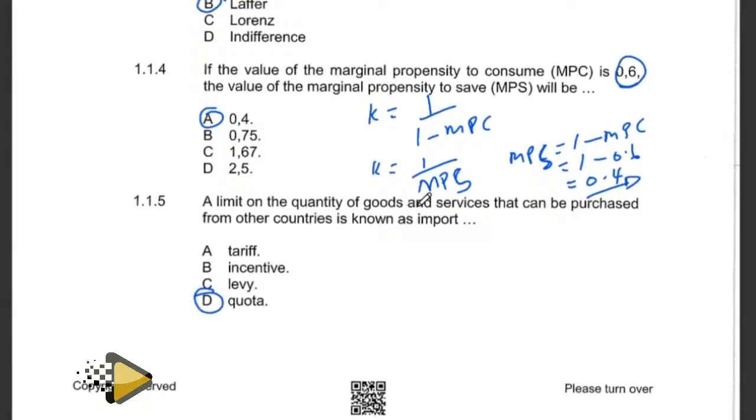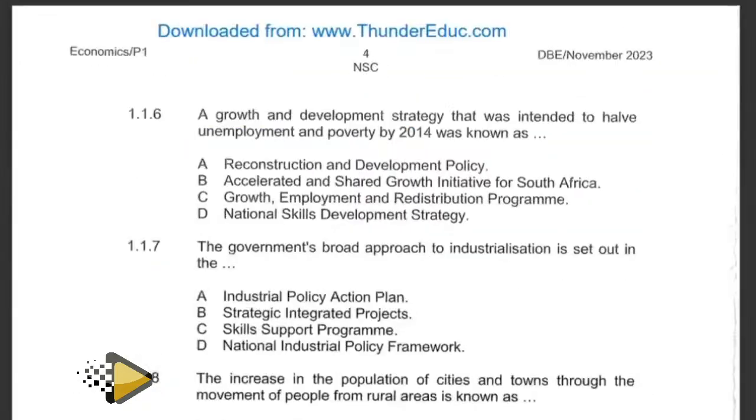Okay, right, grade 12s. So now let's move on to the next question. Our next question, we have 1.1.6, and this 1.1.6 reads as follows. A growth and development strategy that was intended to halve unemployment and poverty by 2014 was known as.